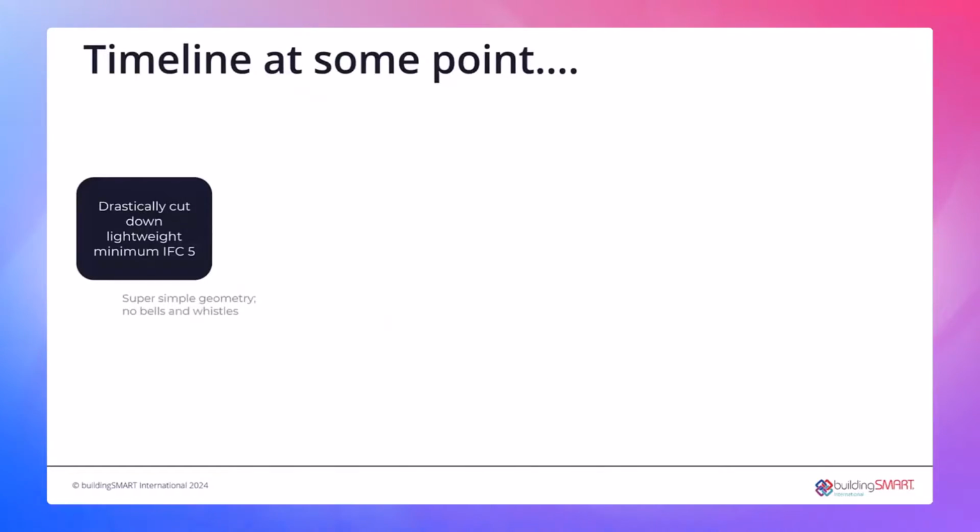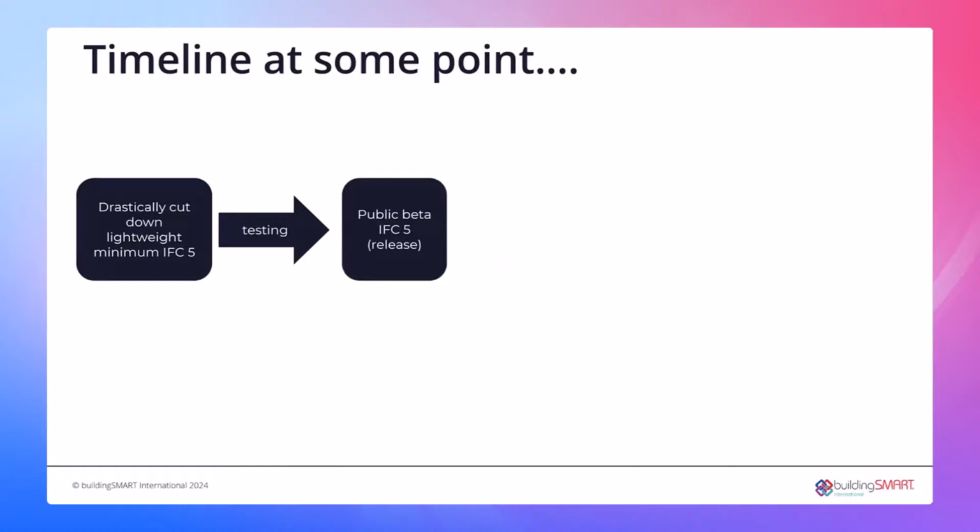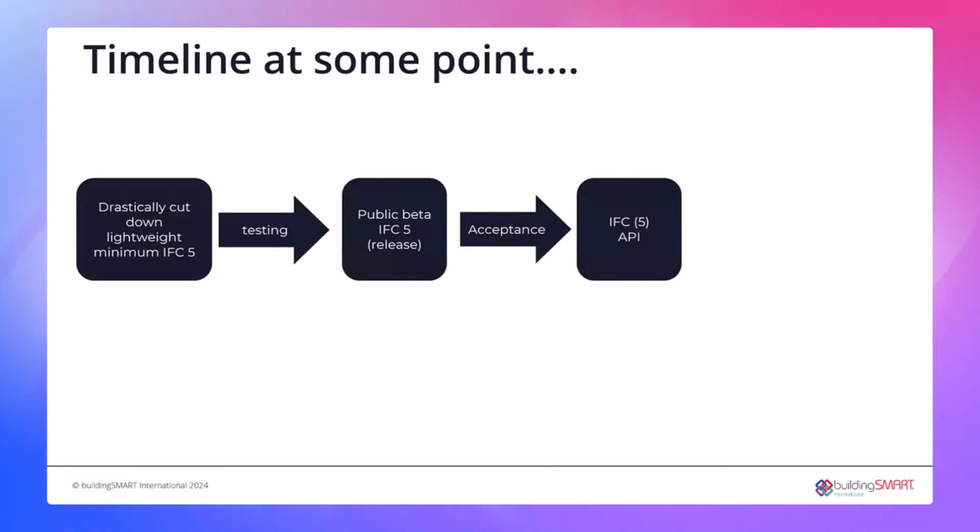I will quickly show you the slides that I have as a backup for later on, because I'm anticipating questions. I think this is where we are. We have a drastically cut down lightweight version of IFC5 that needs to be tested first by you, and then we can do a public beta of this first stripped down version.